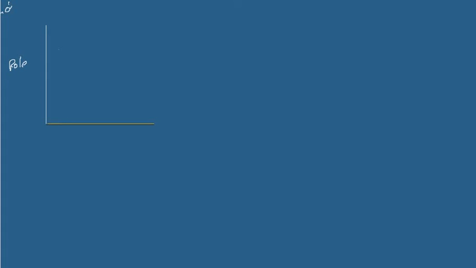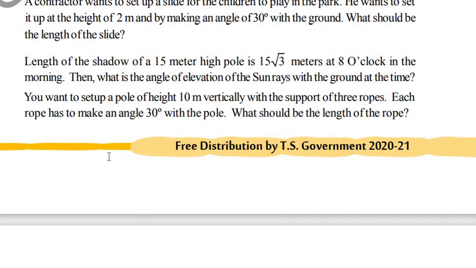This is the shadow, 15 meter, and this is 15 root 3. So wherever you are, shadow falls on the ground only. Shadow does not fall here. Yes or no? Yes, sir. That's what I want to clear.